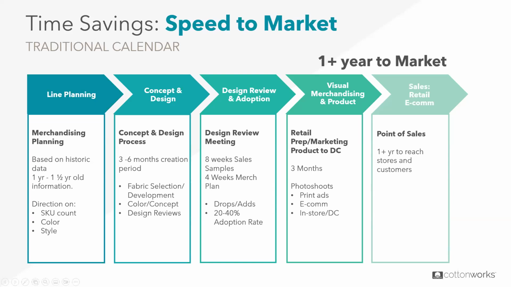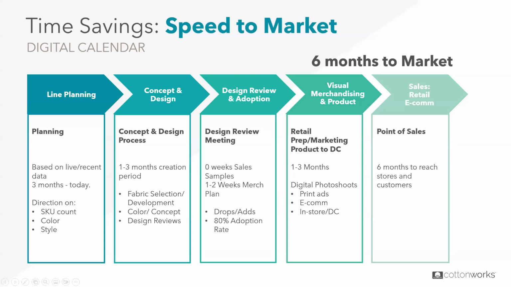So these longer lead times for sampling and design processes that are reliant on swatching and flat sketches, they can result in low adoption rates, sometimes as low as 20 to 40%. And ultimately, the styles that are hitting the stores a year later may not then match what customers want to buy.